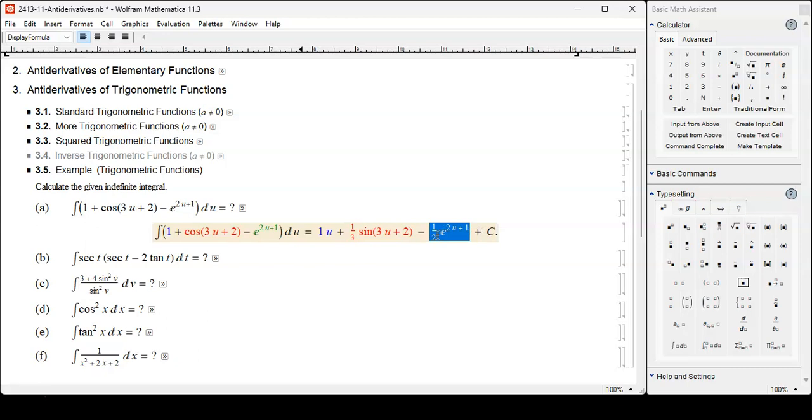Okay, and this is going to be the green part. Satisfied? Constant times u. Cosine becomes sine, but we have 1 over a. The exponential stays the same, but we have 1 over a. The recurring theme of 1 over a.